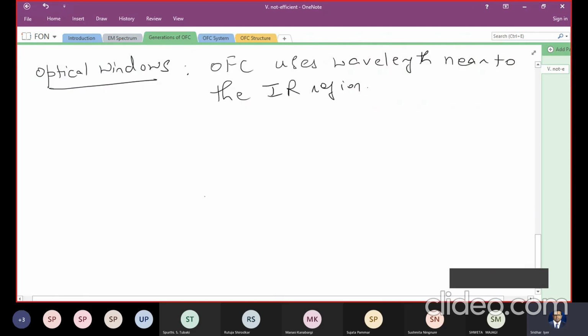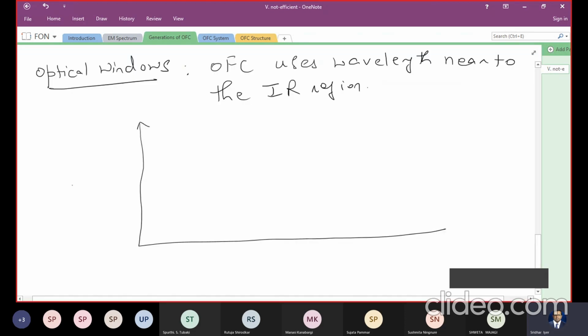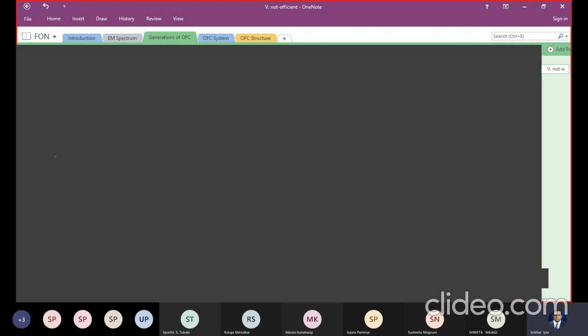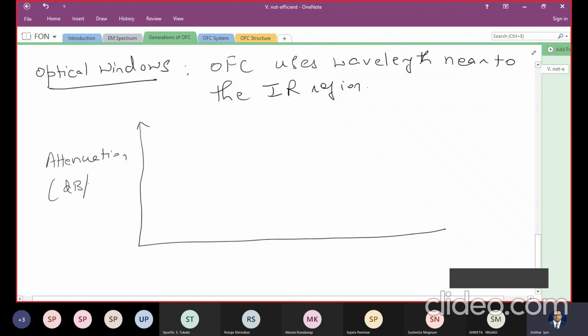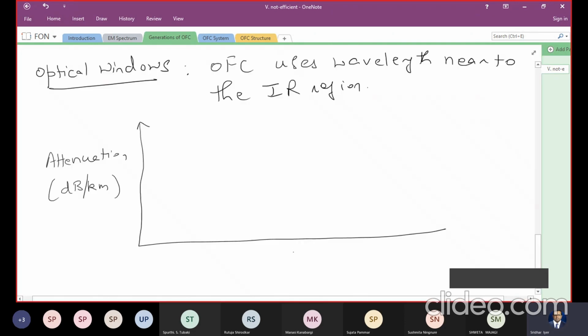So let me first draw the windows diagram for you, and then after that I'll explain what this diagram means. Okay, so this is a graph which you will be able to see. The one on the y-axis will be attenuation, and the unit for attenuation is dB per kilometer. And the one on the x-axis is lambda, that is wavelength in nanometers.